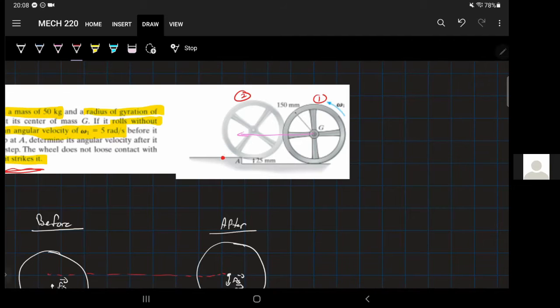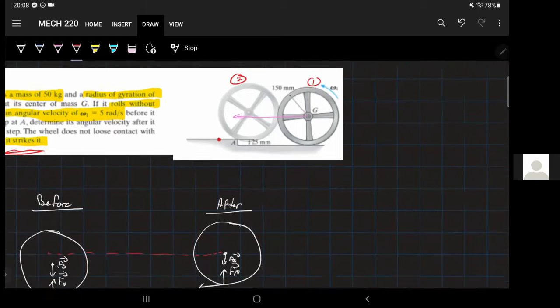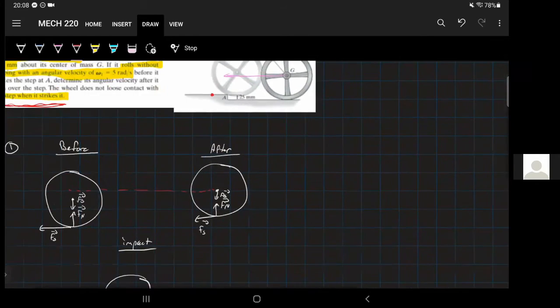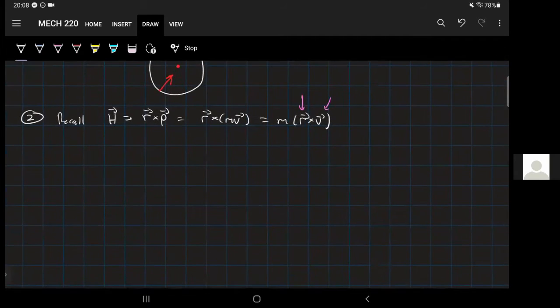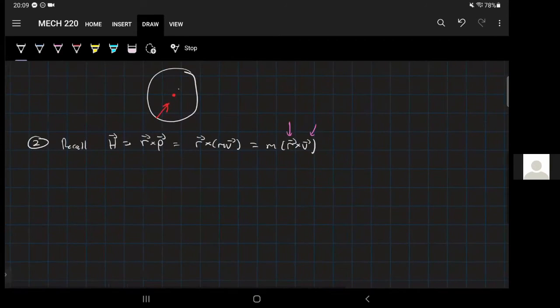All right, so the first thing I'll do is find my angular momentum at state one. Another thing is that when you do this angular momentum business, there are always two parts. There's the angular momentum that comes from the object rotating on itself, which is usually given by I omega of the object.